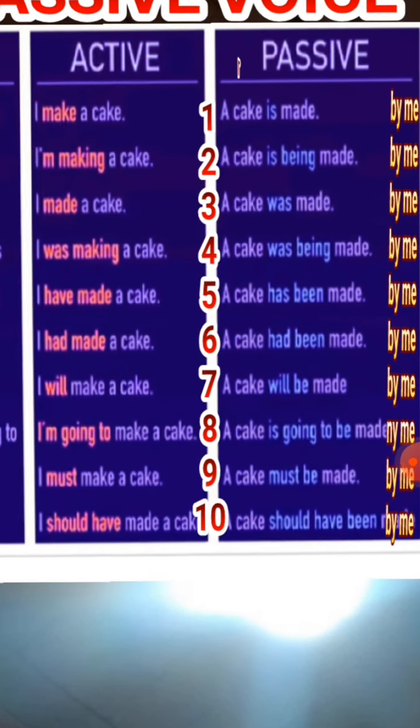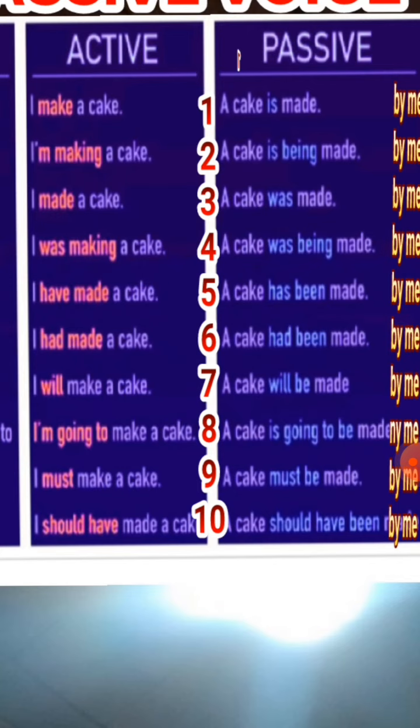After that, we use the past participle, made. I'm making a cake in active voice becomes a cake is being made by me. We use by me as the object.